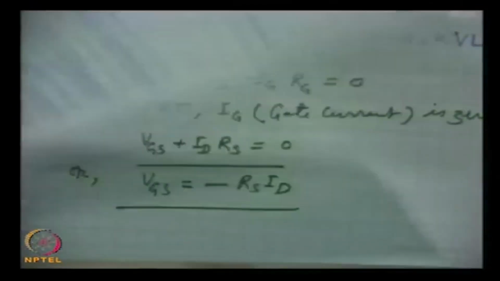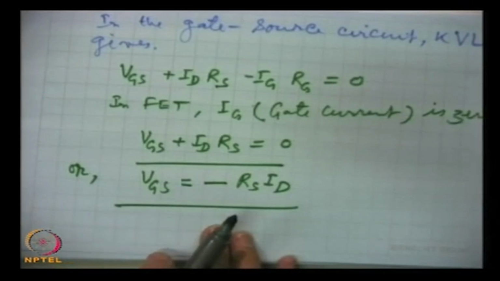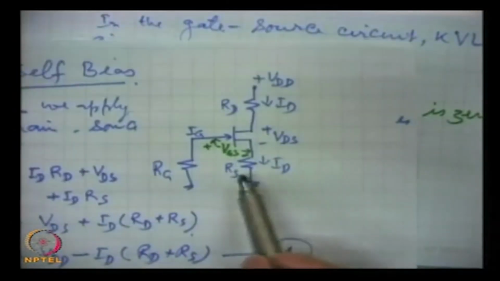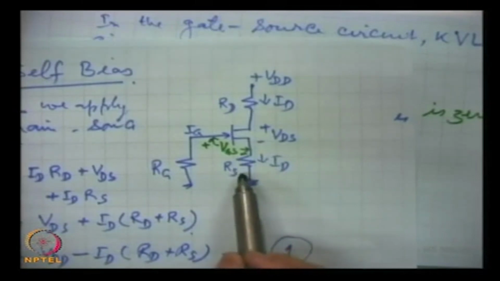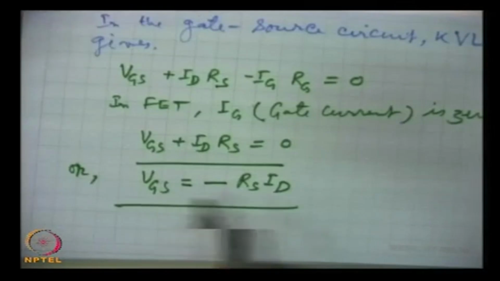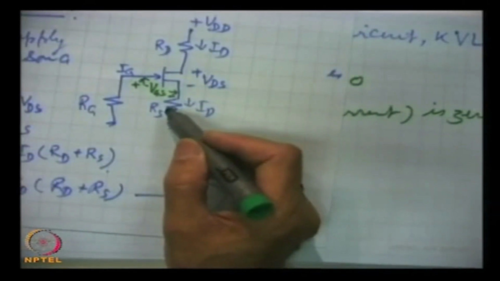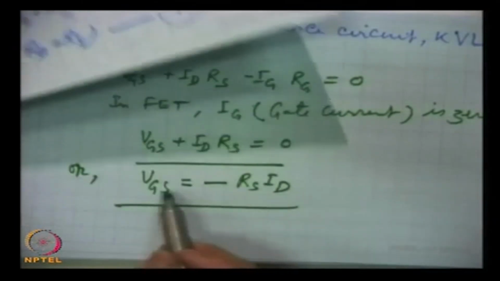Now, several important features can be discussed with this. One is, if Rs is 0, then the voltage VGS will be 0, so we will be in the cutoff region. So, in self bias, the value of Rs decides the value of this voltage.